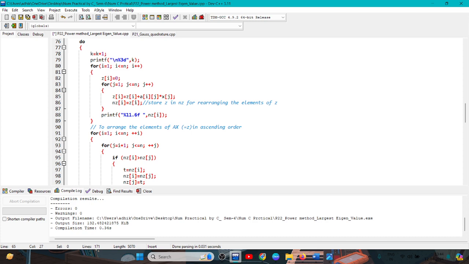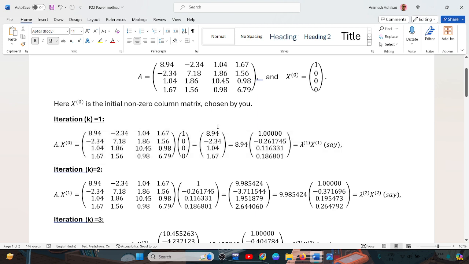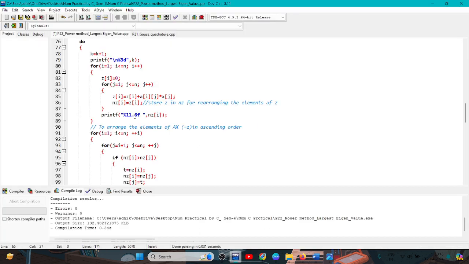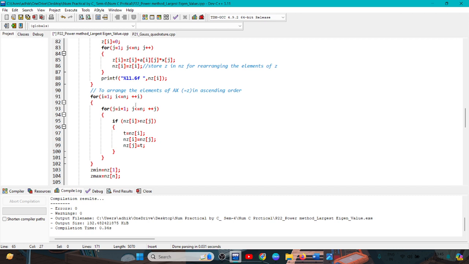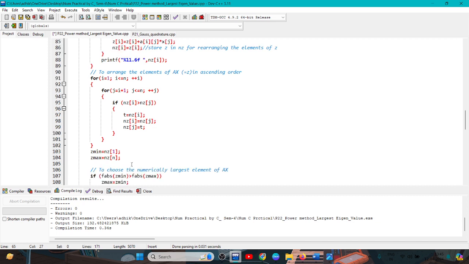Here this is the z, A into x, we call this zi. Now we store this zi, the corresponding elements of the z column vector, as nz, rearranging the elements of z by the bubble sort technique to find the numerically largest element, the minimum and maximum element, in ascending order.